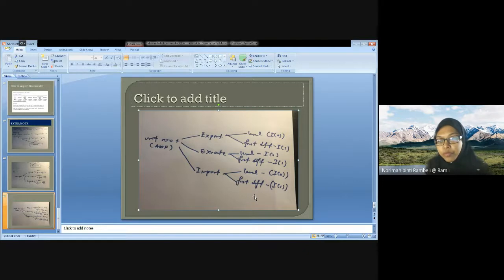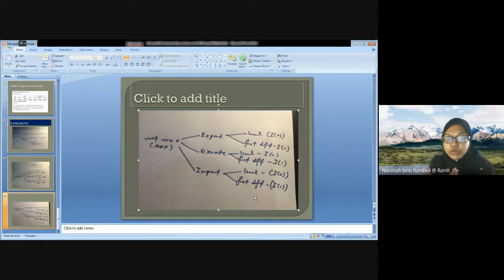So you can perform the VECM framework. But if some variables are stationary at level form and some at first difference, you cannot perform the VECM, the vector error correction model framework.